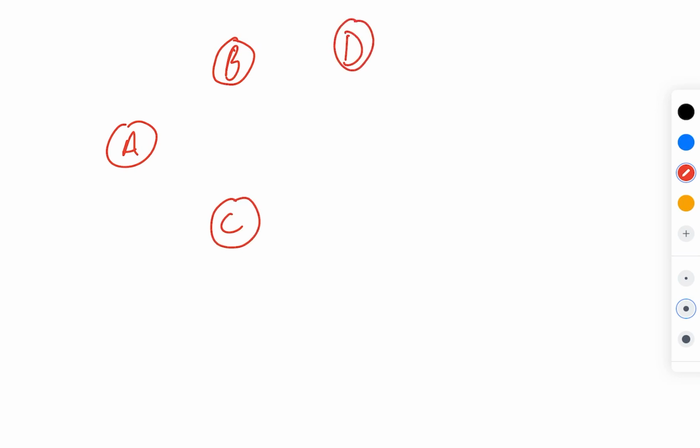So consider a graph that we have of A, B, C, D, and E, and it is connected like this. I'm also considering a negative edge just to have all possible scenarios covered.